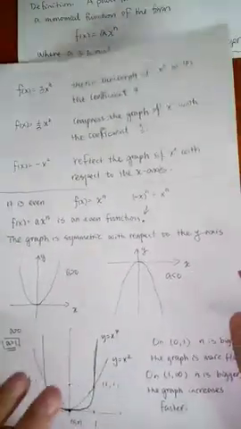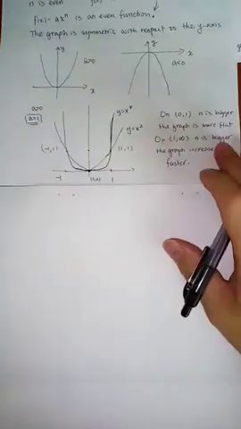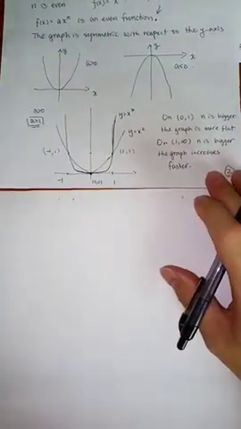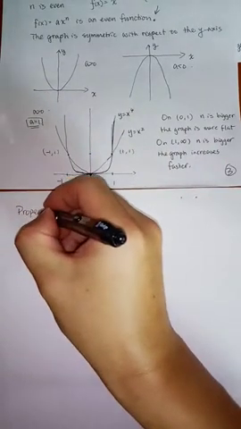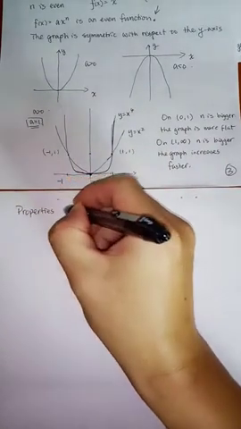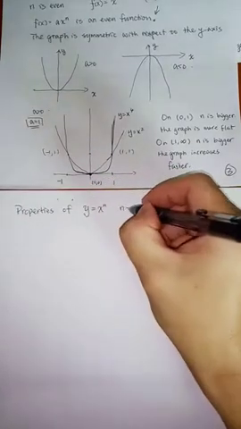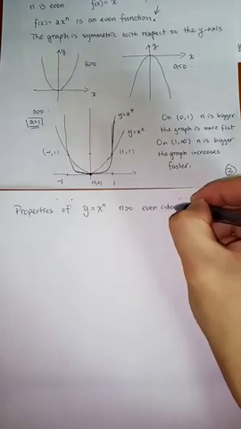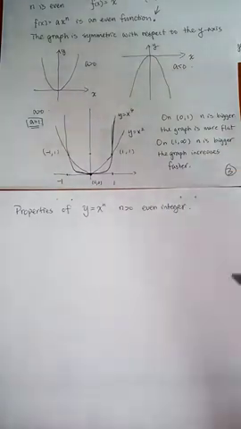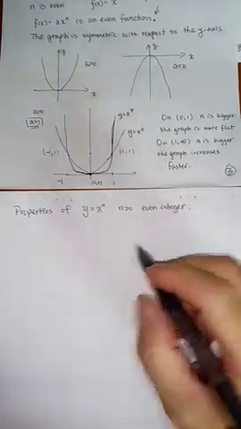Let's summarize the observation. First, we're talking about a positive even integer, y equal to x to the nth power. We ignore that coefficient.